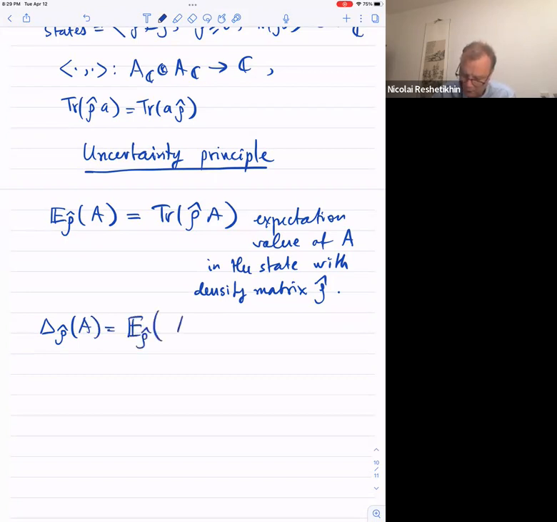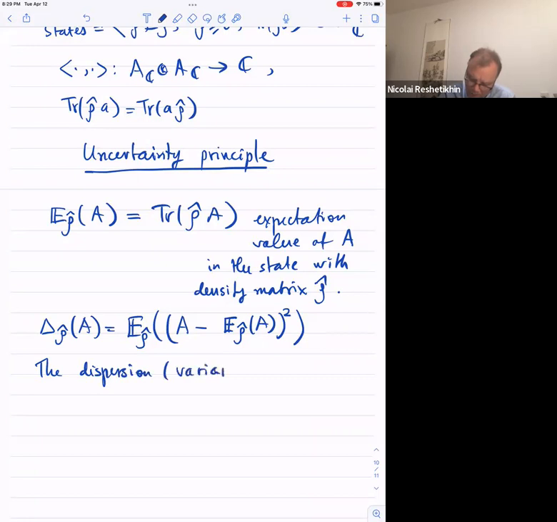We take A minus its expectation value in the state rho, take the square of this, and take the expectation value. That's the dispersion or variance of A in the state. I will not say every time that it's a state with density matrix rho. I'll just say in a state rho hat.